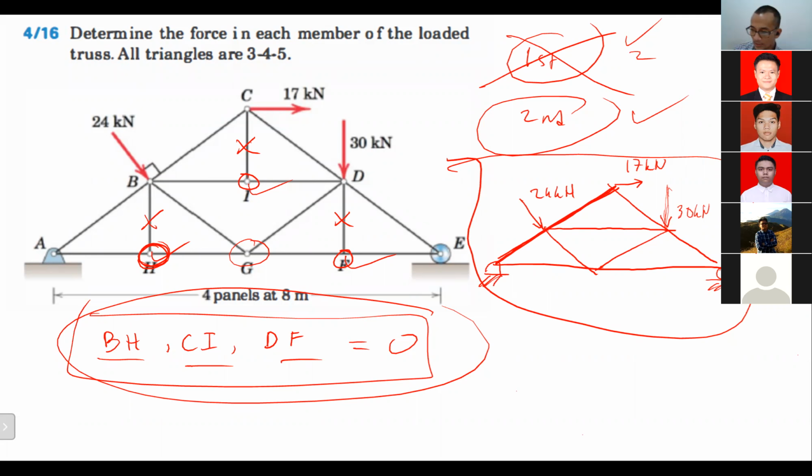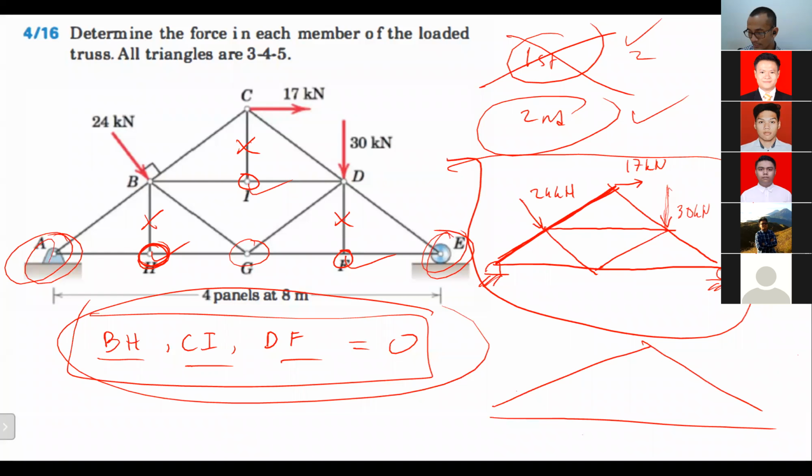Okay, so the first thing that you're supposed to do in order to solve this problem without knowing that PH, CI, and DF are zero force members, you have to solve for AX, AY, and EY first. How can we find out AX, AY, and EY? We can consider the whole thing as one free body diagram, right? Yes, sir.